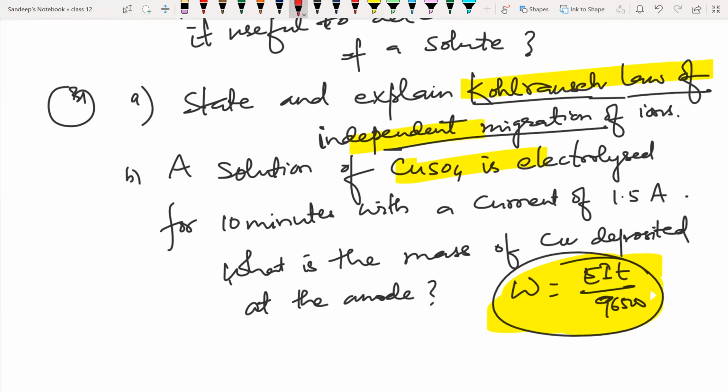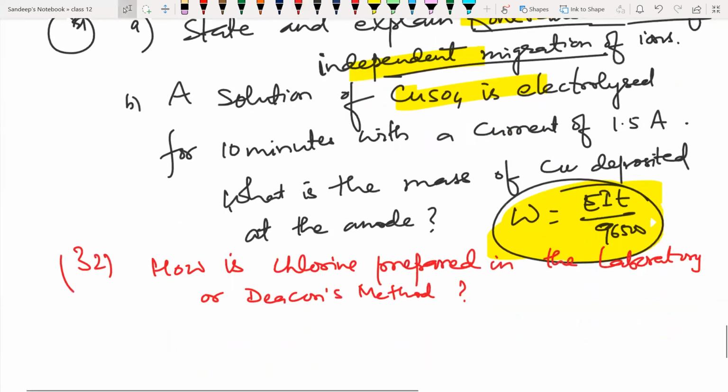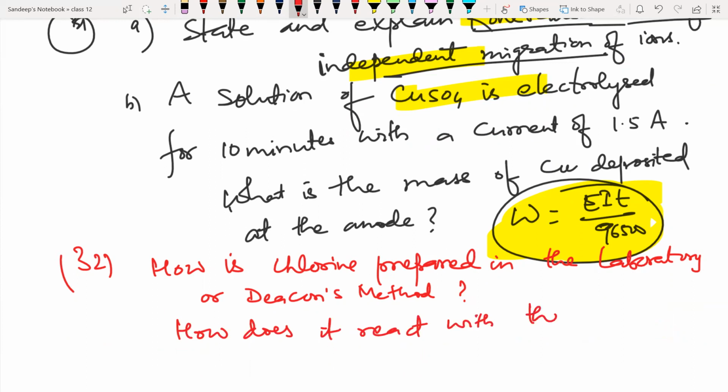Moving to next question. Question number 32 is, how is chlorine prepared in laboratory, or Deacon's process? You know Deacon's process, Deacon's method. Now, how does it react with different chemicals? How does it react with the following?